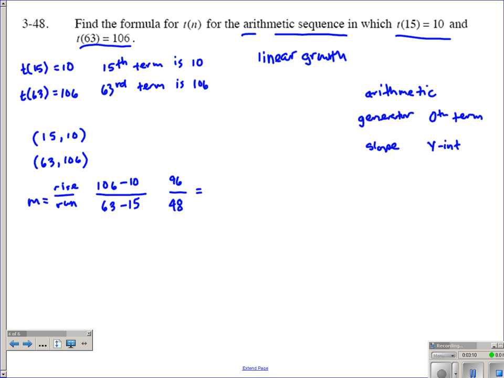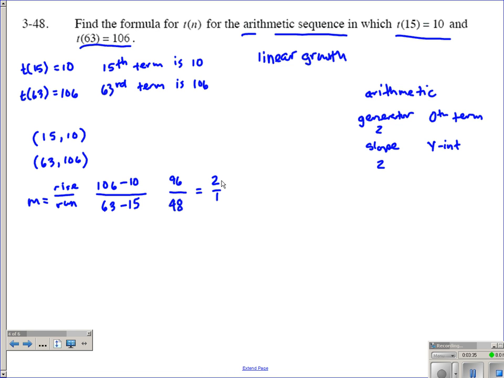Well, this can reduce down to 2 over 1. So we're saying every time we increase our term number, or go from our 2nd term to our 3rd term, or our 3rd term to our 4th term, we have to add 2 onto each term. So our generator is going to be 2. It's the same thing as the slope.